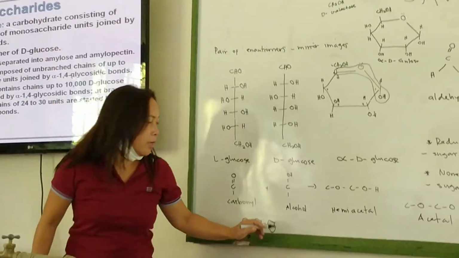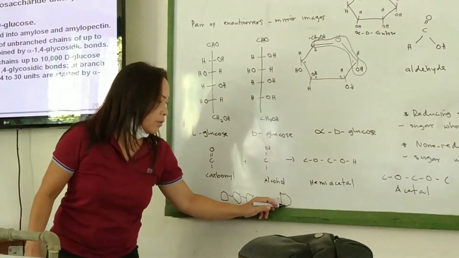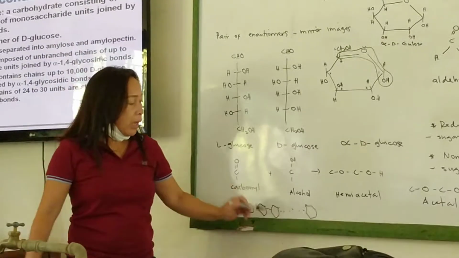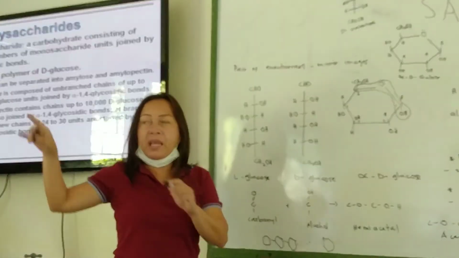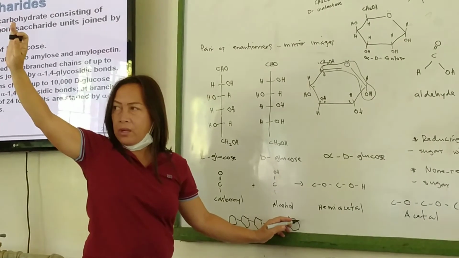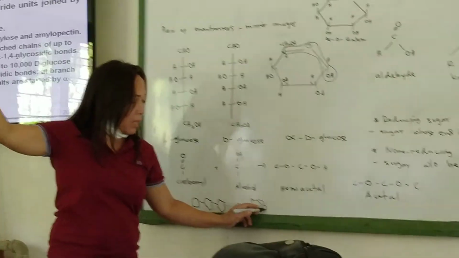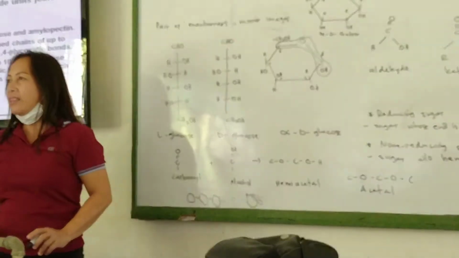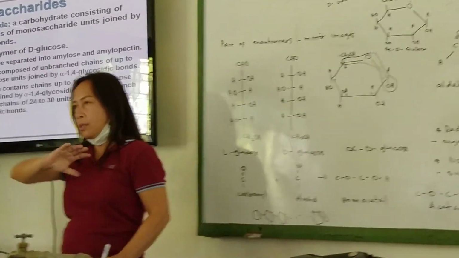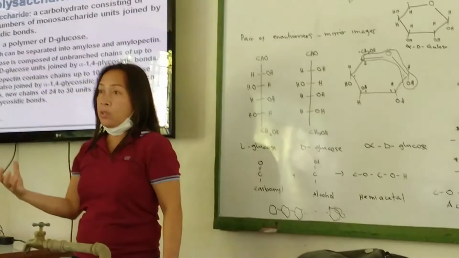Now, say this is the last glucose in amylose. The only free hemiacetal is on the last glucose of amylose, and that is the only place where you could find the free hemiacetal. That explains why in your laboratory, starch, which is amylose, may be considered non-reducing.